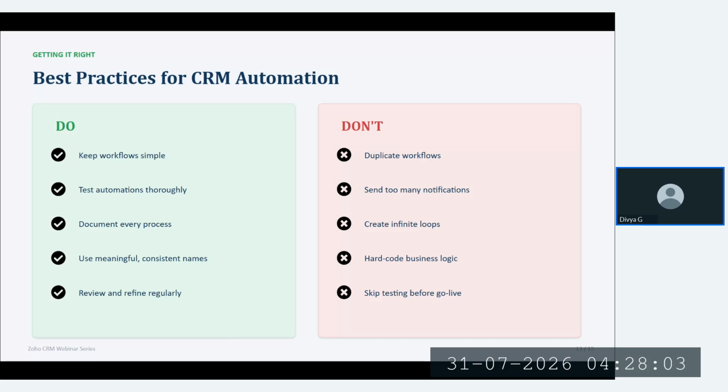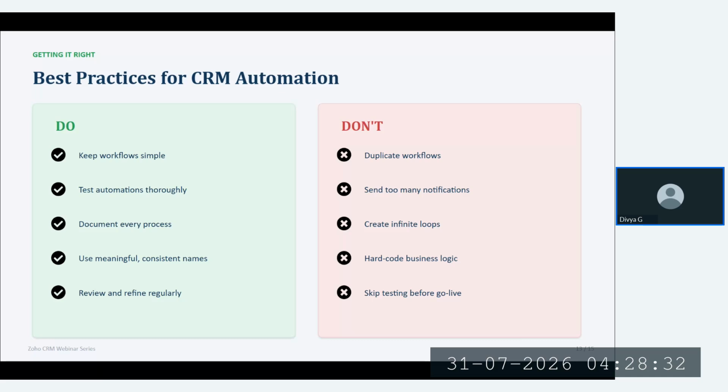Some tips. Workflow should be simple, so that others can also understand it. And test automation: whenever you set up an automation, you have to test it by yourself first, and then give it to the customers or push it live. Whatever you do on Zoho CRM, automation or anything, it should be documented properly.